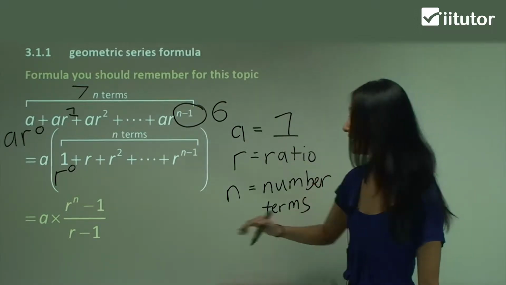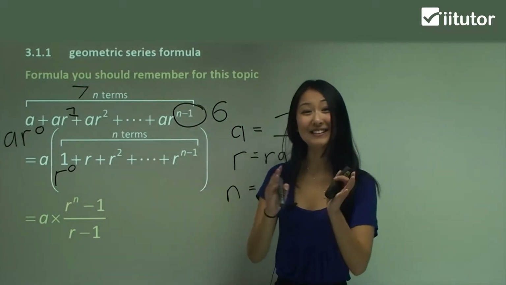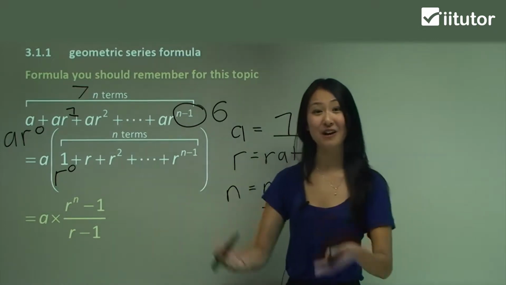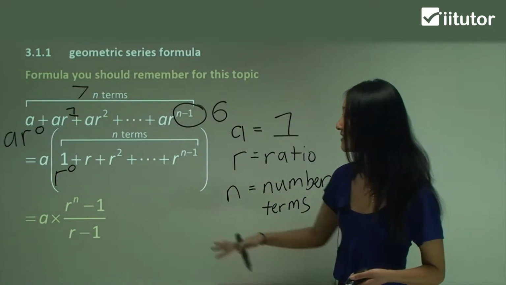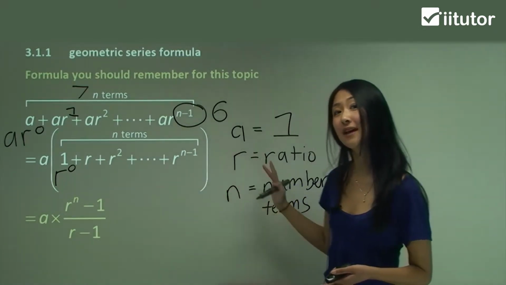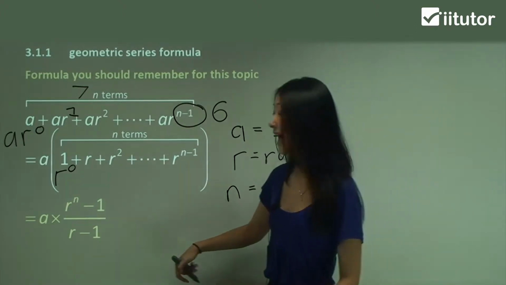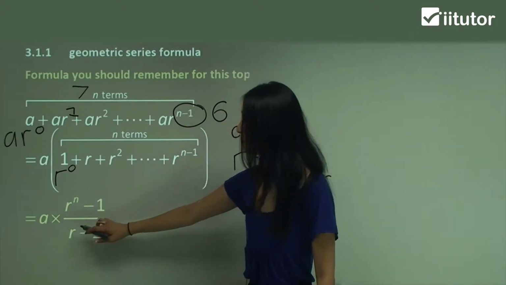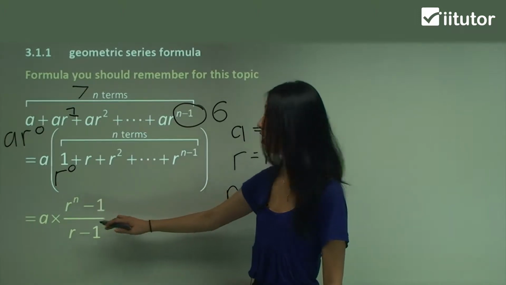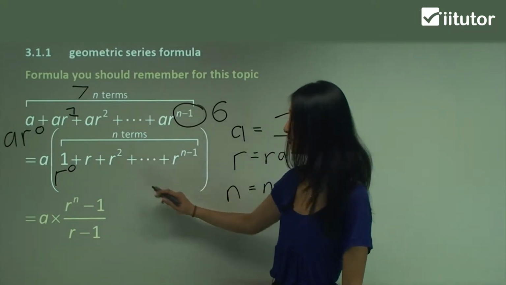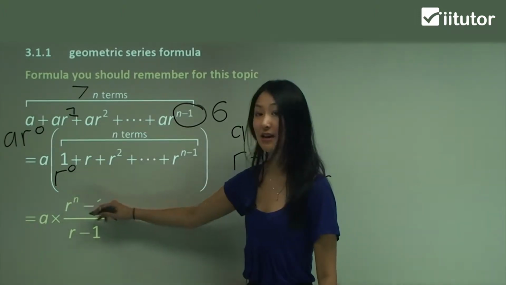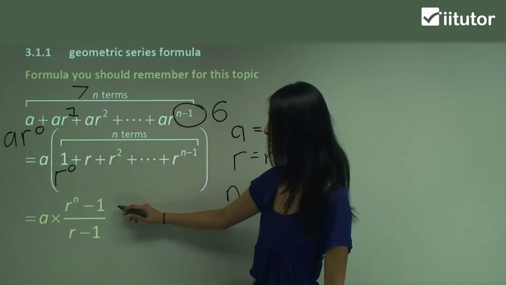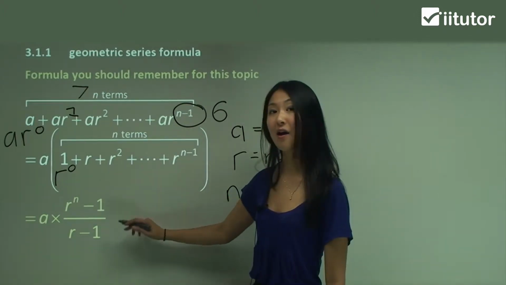Now this is, what's this? Good, it should be the sum of the geometric series, isn't it? So this is just the equation that we sub this into. So we just have our first term a multiplied by the ratio, which in this case is just r, to the power of number of terms, which is n in this case, minus 1, over r minus 1.